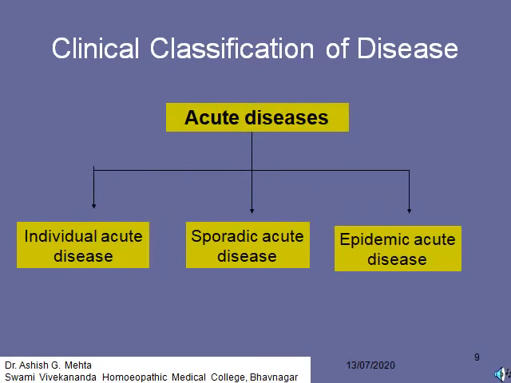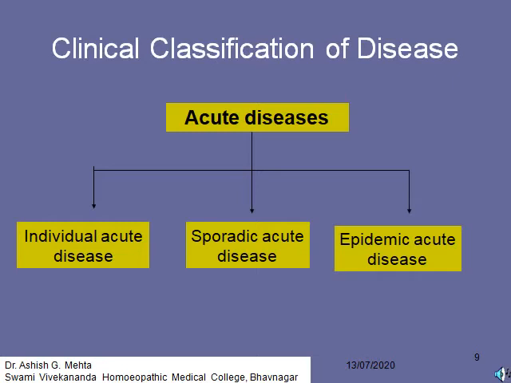The acute diseases are mainly of three types. One is individual acute diseases, second the sporadic acute diseases, and the third one is epidemic acute diseases. The individual acute diseases are instances of transient explosion of latent psora, and this transient explosion of latent psora is because of excess of food or insufficient supply of food, or we can say a severe physical impression like chill, overstrain, mental and emotional strains.